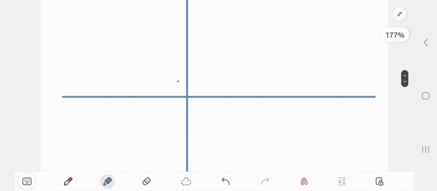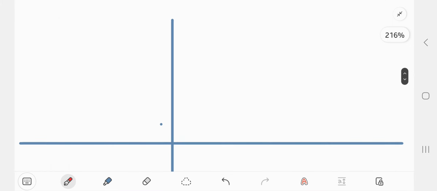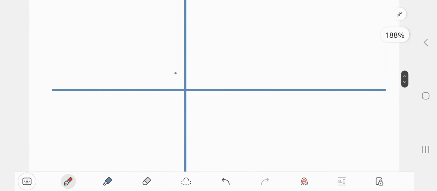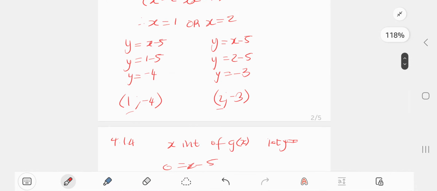Right, so I'm just going to draw my axes here with the x-axis and the y-axis like that, right? So I just want to mark the important points, right? So we can see we have where x is 1, where x is 2. So I just want to clearly label those. Let's say this is 1 and this is 2 here.